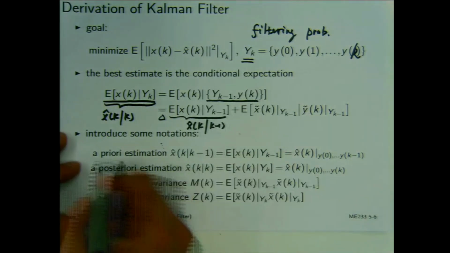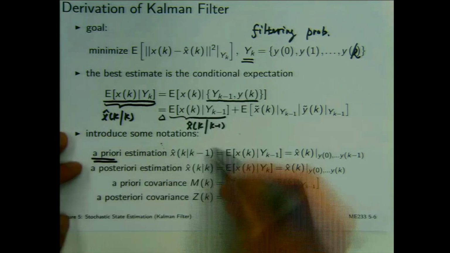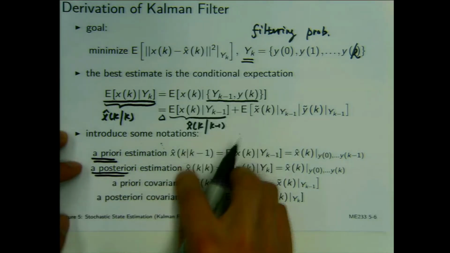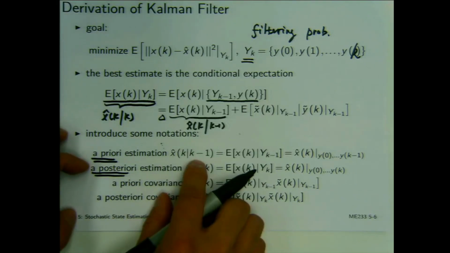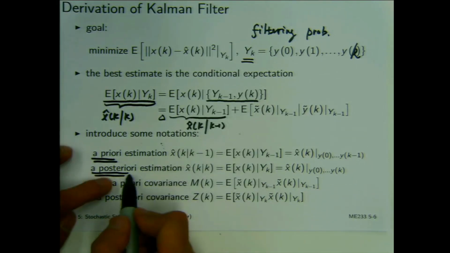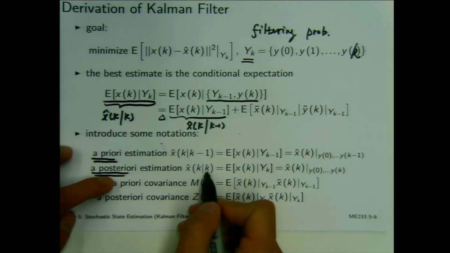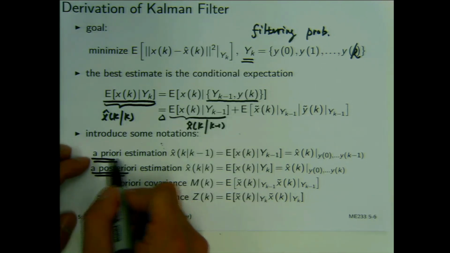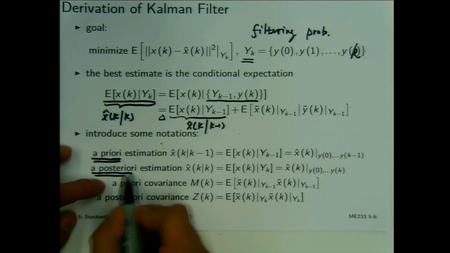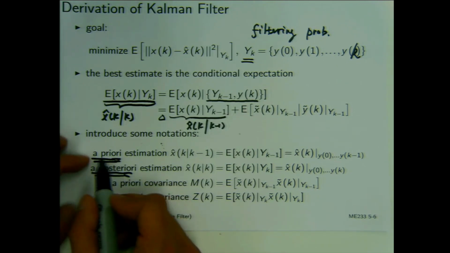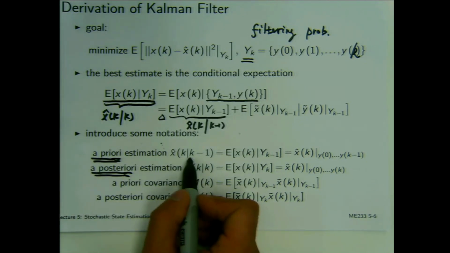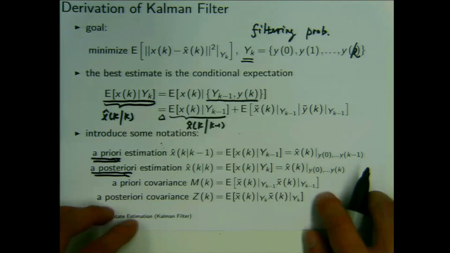To distinguish these two: they are both estimations, but one of them is using more information. It's using the information up to time k, so it's called the a posteriori estimation. Something similar but with a different name is the a priori estimation, which is not using the most up-to-date measurement y_k.